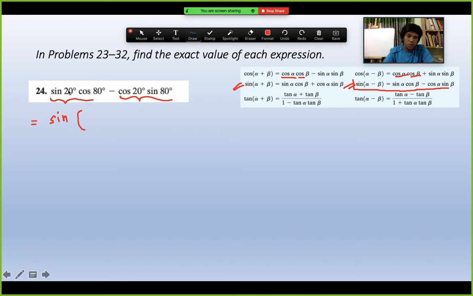Now if you choose 20 minus 80, then you will get a negative answer, negative 60 degree. But you see, we can rearrange it a bit. We can think of this from a different perspective also, if it serves our purpose.